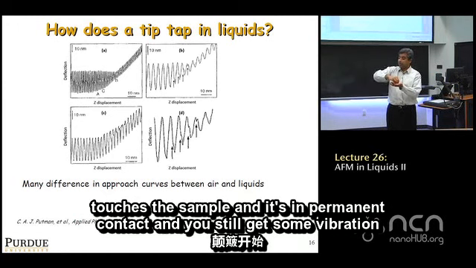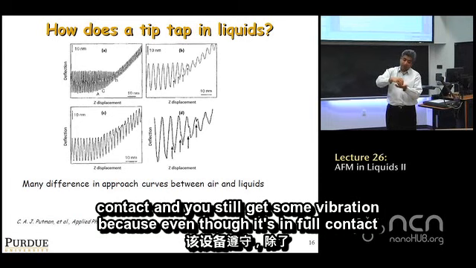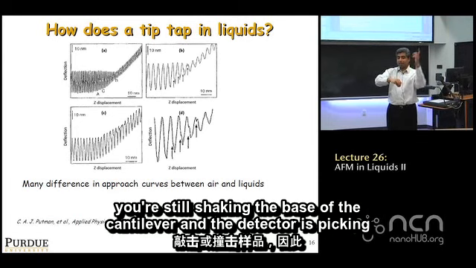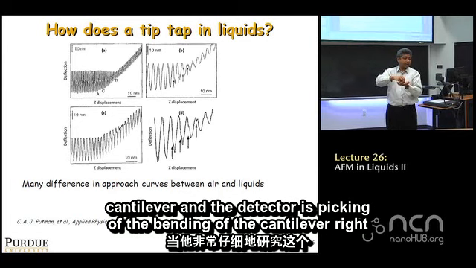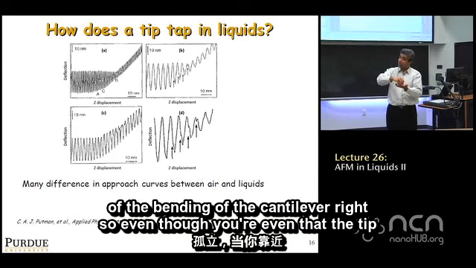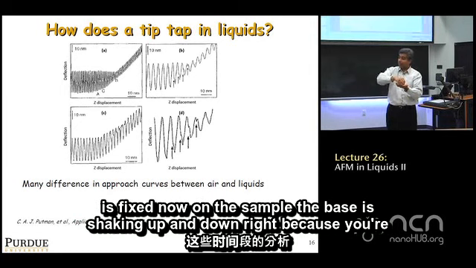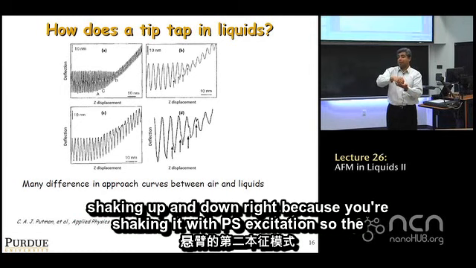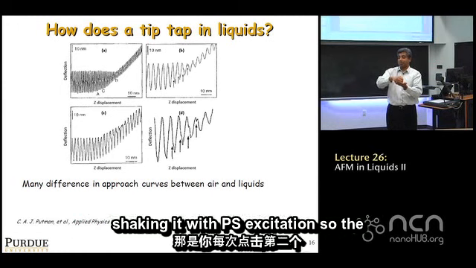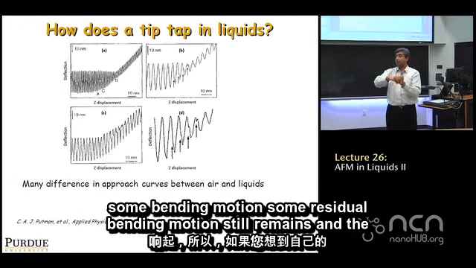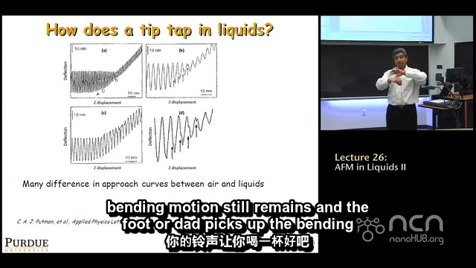And you still get some vibration because even though it's in full contact, you're still shaking the base of the cantilever, and the detector is picking up the bending of the cantilever. So even though the tip is fixed on the sample, the base is shaking up and down because you're shaking it with piezo excitation. You're still getting some residual bending motion, and the photodiode picks up the bending rotation angle.